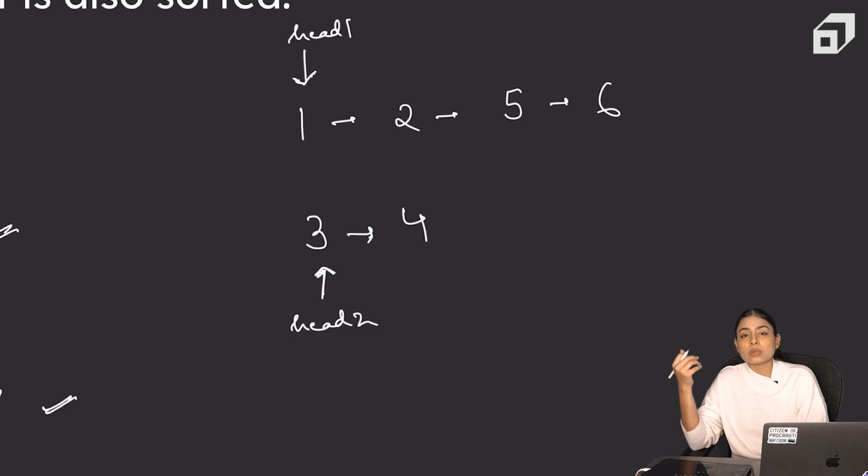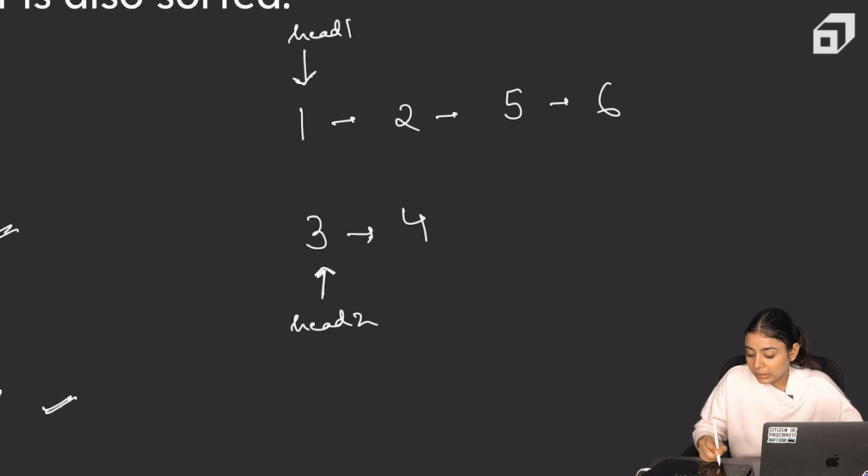We can also just change the links in these linked lists to create a combined one. So how can we do that without creating new nodes? Without actually creating new nodes, how can I just combine these two linked lists?